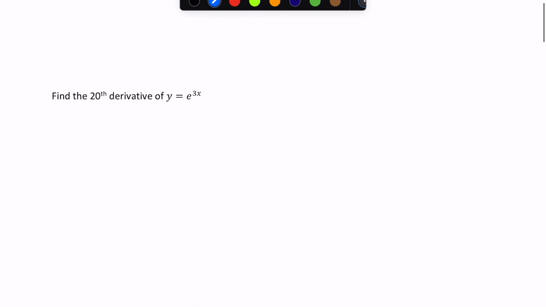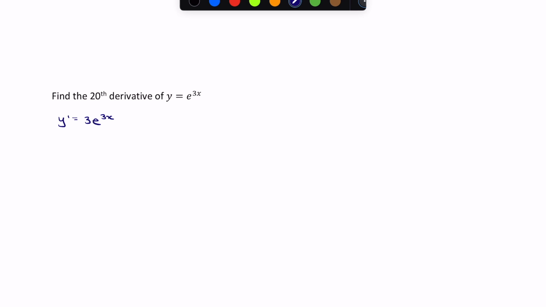And so in this second example, the second warm-up question, same idea. It says find the 20th derivative of y is equal to e to the power 3x. So here we see that our first derivative, y prime, is equal to e to the power 3x times 3, so it'd be 3e to the power of 3x.